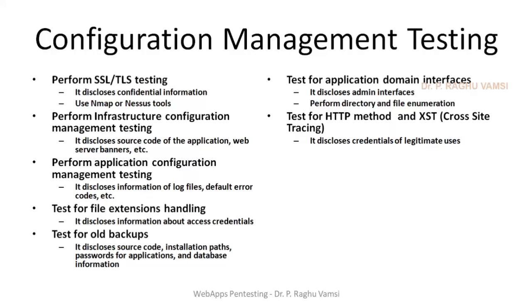So you are supposed to identify whether this kind of thing is available or not. Usually, you may use some standard tools for this, like Burp Suite or any other vulnerability testing tools.